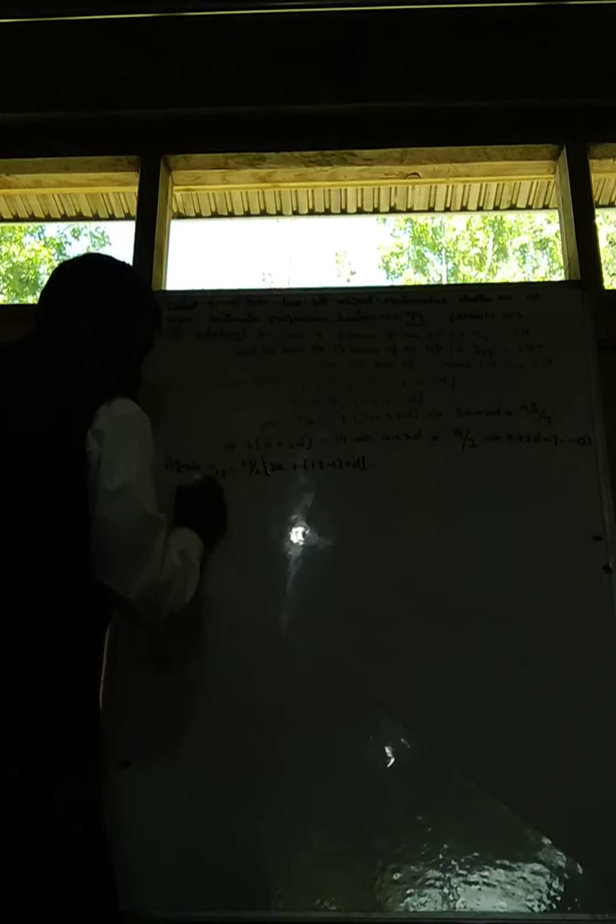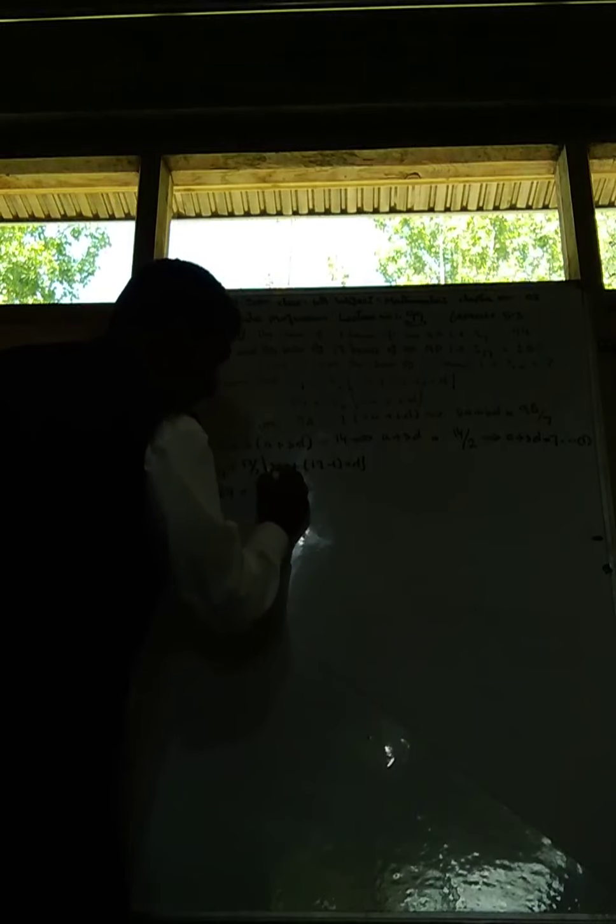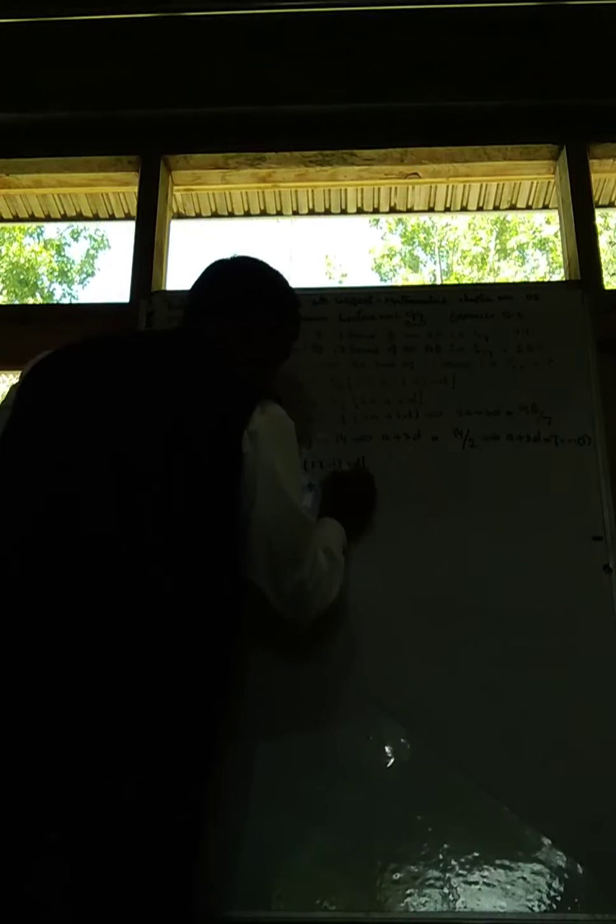That is, S17, which is 289, is equal to 17 divided by 2 into (2a plus (17 minus 1), 16, into d).